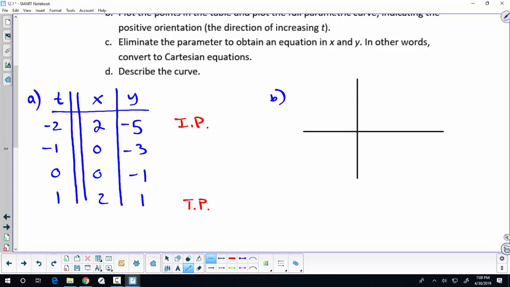Let's plot these. 2, -5 is our initial point. Start there.